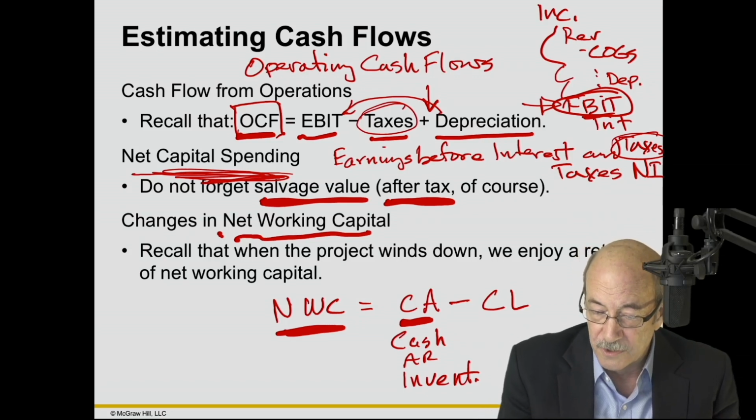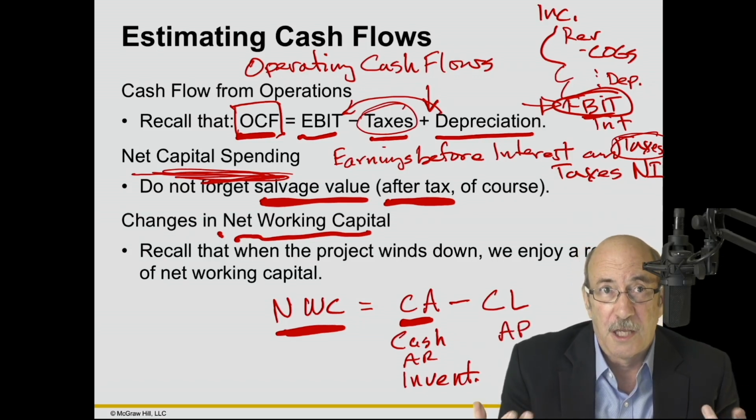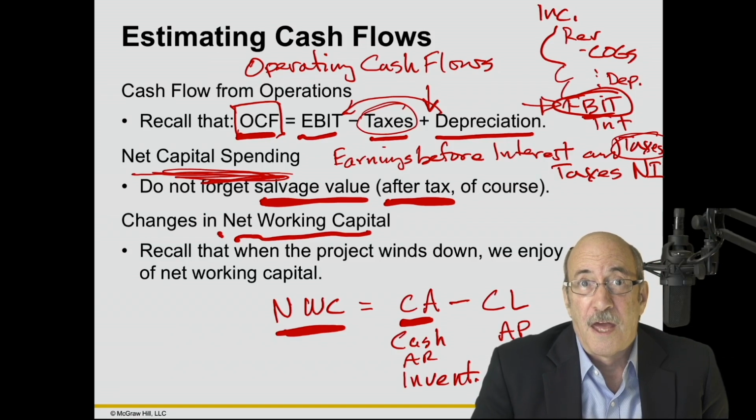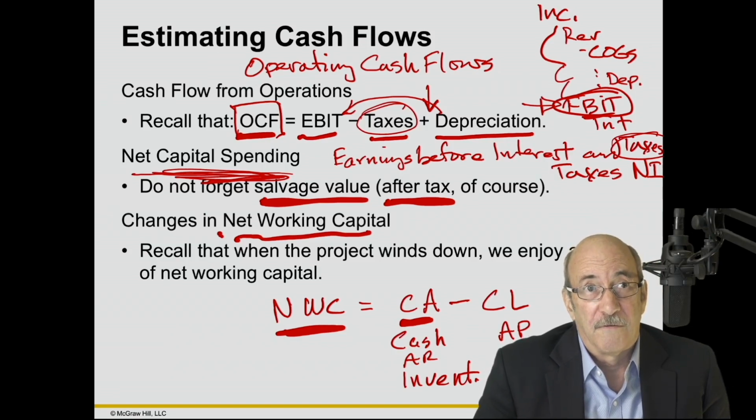Current liabilities, we've got accounts payable, and again, there may be some other accruals in there that matter. But for the most part, it's typically thought of as accounts payable. So it's current assets minus current liabilities. Typically, that figure is a positive figure.